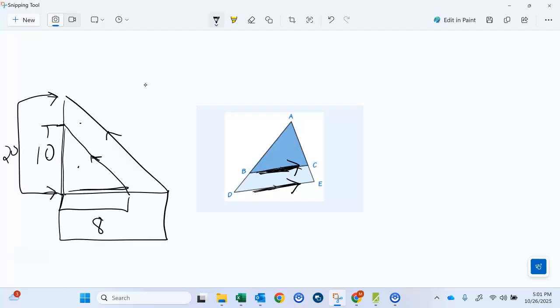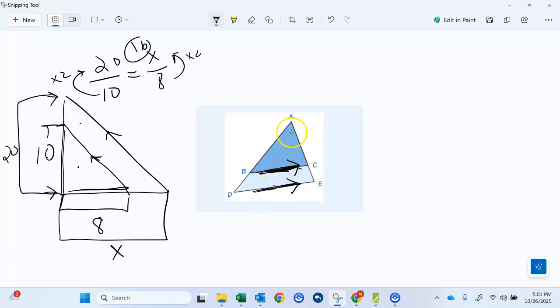So this is going to be 20 over 10, big over small, equals x over 8. And so you could do cross multiplication, or you could say this times 2 is that, so this would be 16, okay? And so that means that this side here corresponds to this side, and that would be equal to this side corresponding to that side, okay?